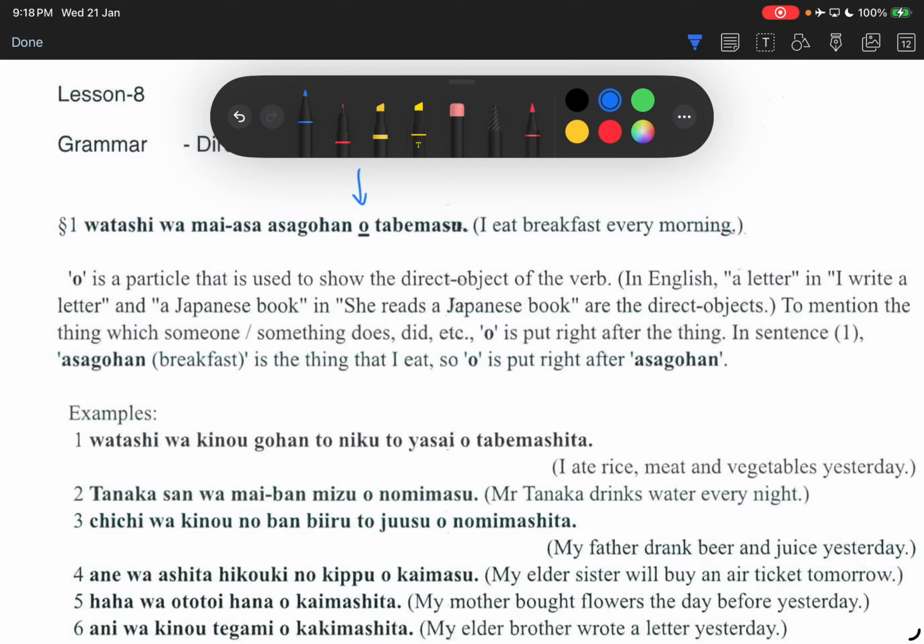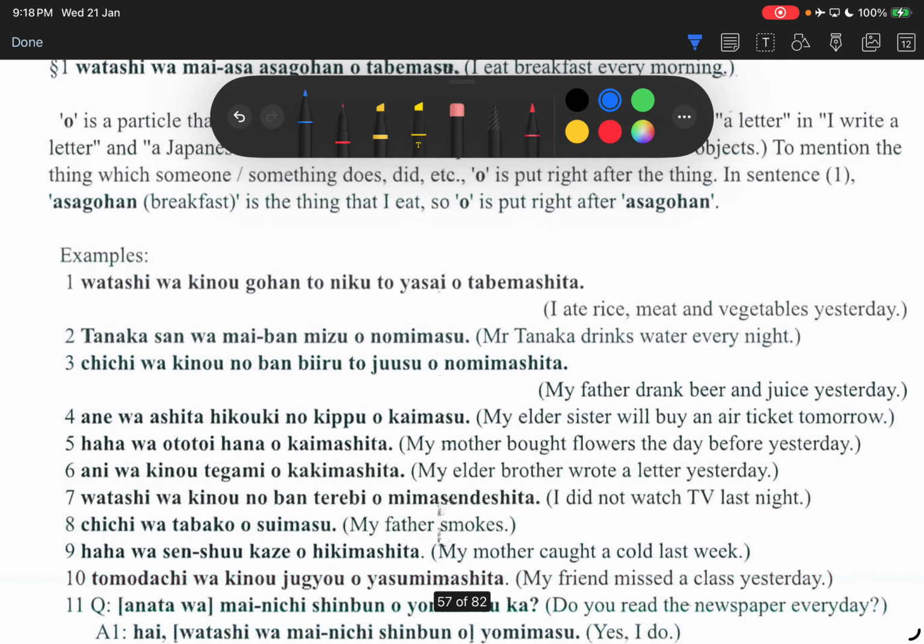So for the number 1 example, we are interacting with asagohan. And how are we interacting with it? We are tabemasu. We are eating it. Right? So the action here is eating. So eating breakfast. Okay, so I'll go on to the example number 1. 私は昨日ご飯と肉と野菜を食べました. So you can see this to, okay?